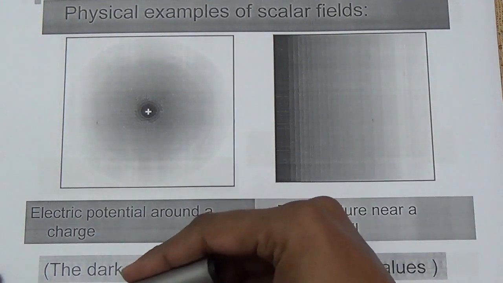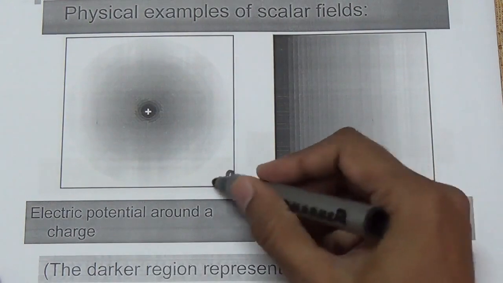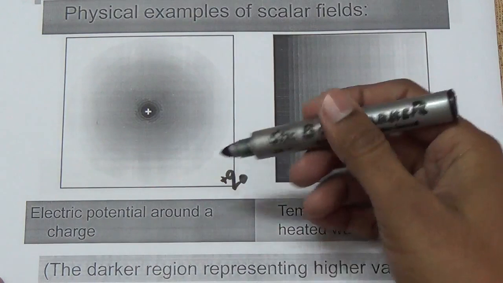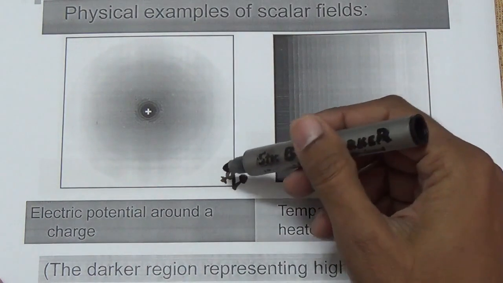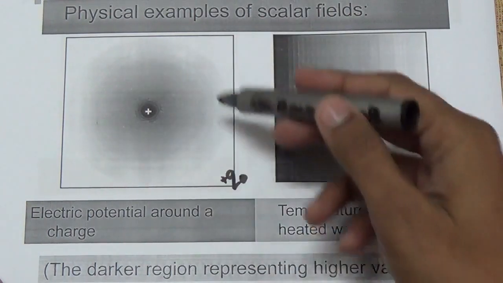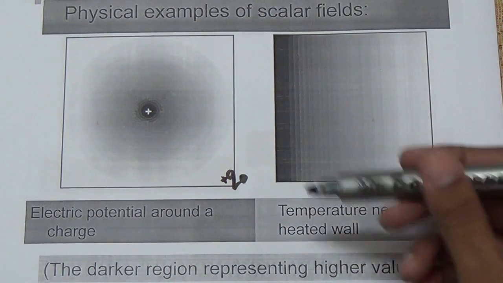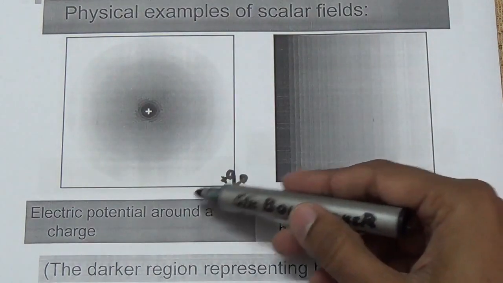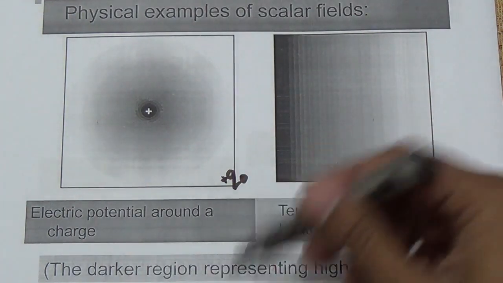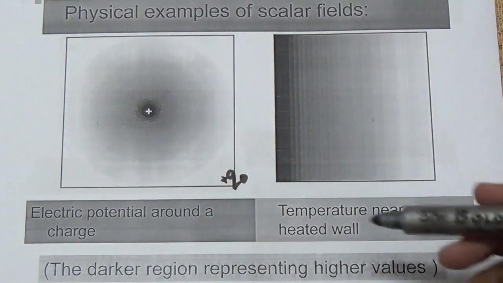If I have a point charge, suppose I have this point charge here, so I realize a force. It means from wherever I start to realize a force, that is the area, that is the field of that charge. So this is a field of the potential, that is a scalar, and on the other hand this is the electric field of the positive charge.